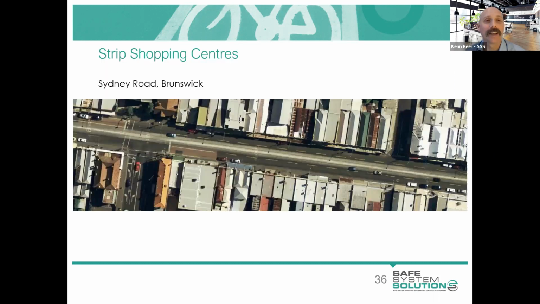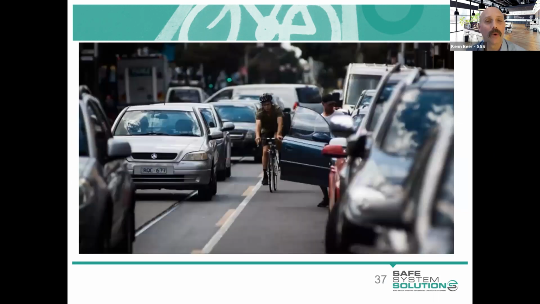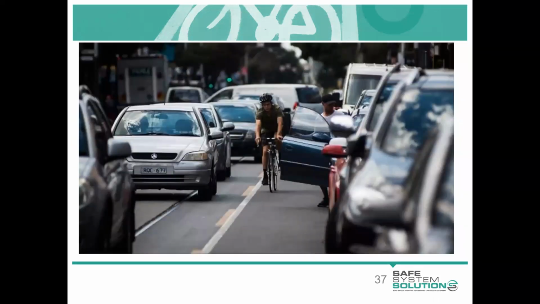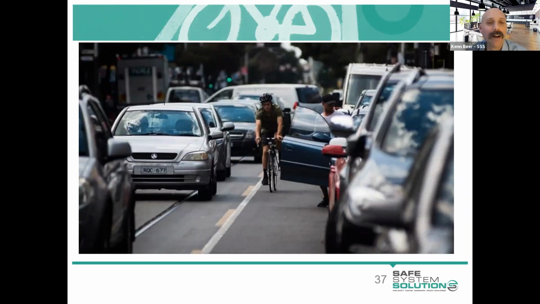Okay, let's have a look at strip shopping centres and dooring possibility. Dooring is this term that has raised its head in the last decade, really. I mean, certainly the issue existed before that, but it was captured in this term dooring, which is all of those times that a door is opened in front of a cyclist. And we've seen quite a bit of trauma associated with the dooring issues.